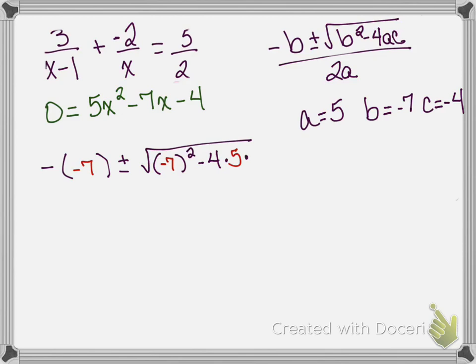Now my c value here is also negative. So I am going to put that in parentheses just so we keep that negative clear. And it is negative 4. Okay, so minus 4ac. Then all of that is over 2 times, what's my a value? 5.